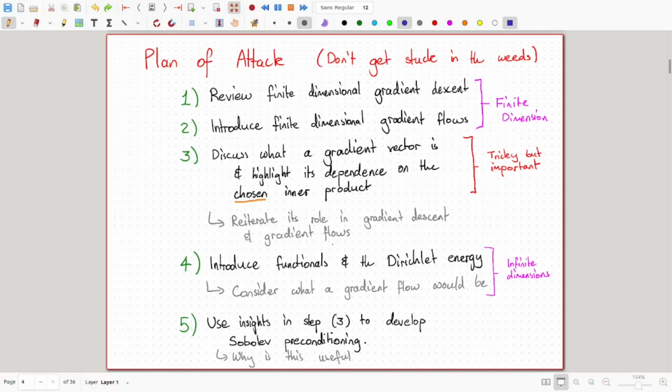And then finally, we're going to use the insights we developed in step 3 about what gradients are to find the gradient of an infinite dimensional functional. And then I'll introduce Sobolev preconditioning. Okay, so let's start.